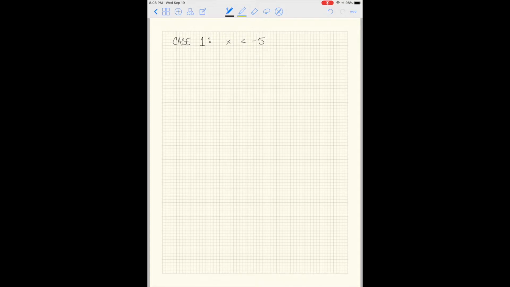And so if I remember my f of x for this case, my f of x is equal to, and all I really care about is everything up to the left of this case. And so it was 0 for x less than -5, and then it was other things for x greater than -5. But we don't actually care too much about those other things because we're only integrating up to that point.